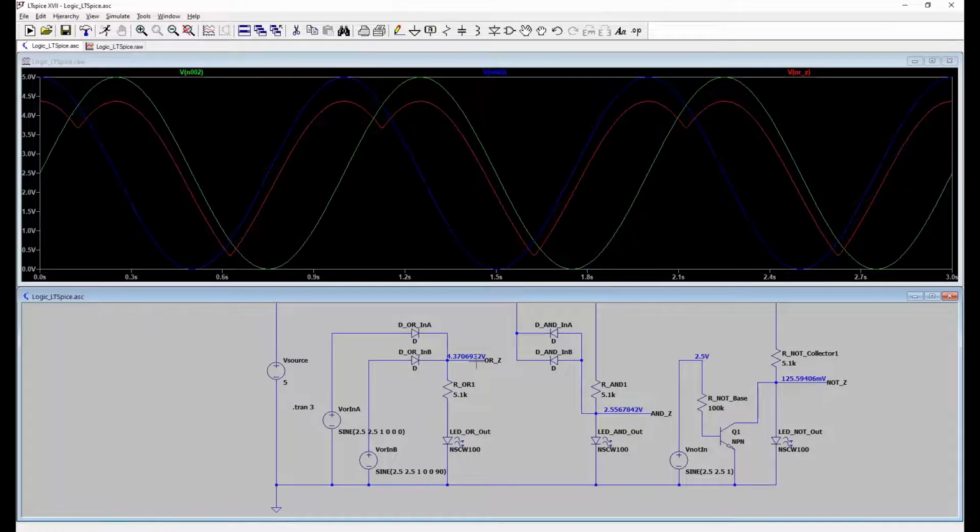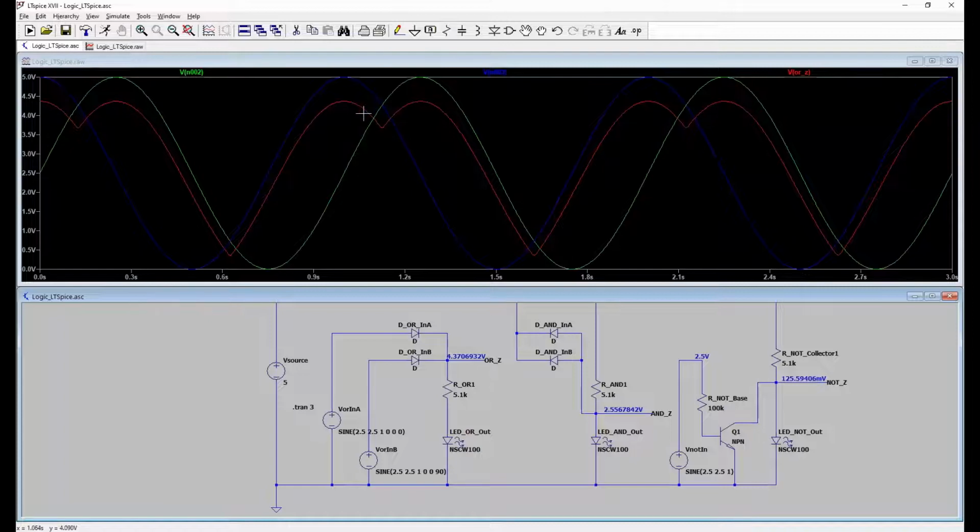That's very interesting. So let's say we establish a criteria for a high as anything above 2.5 volts. The OR gate is above 2.5 volts when one input or the other input are above about 3 volts.